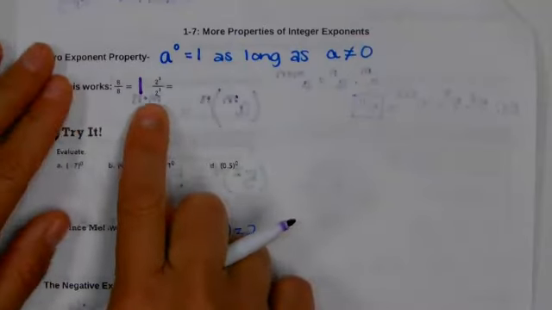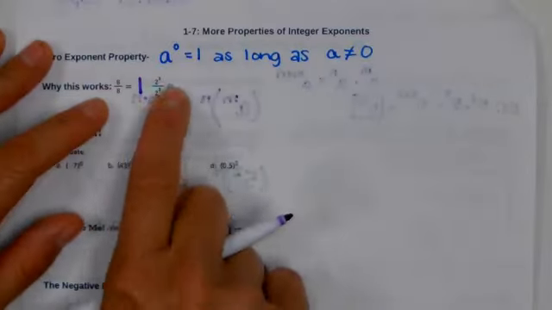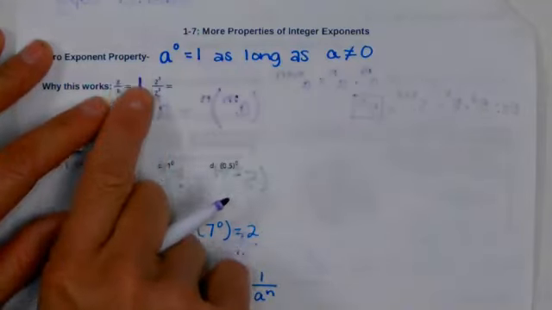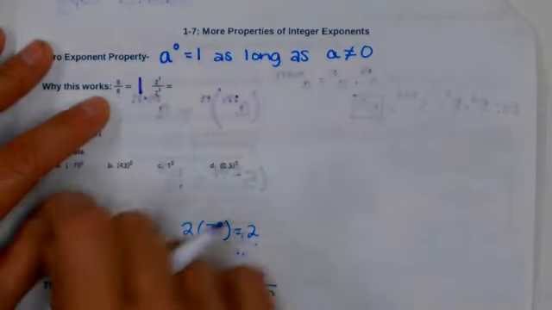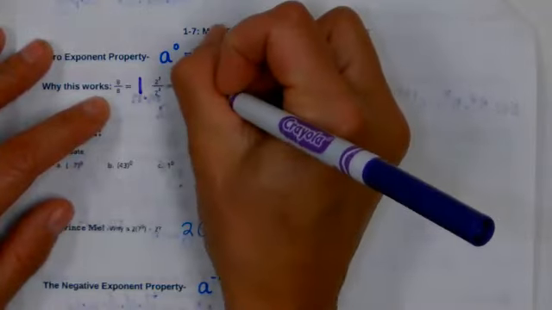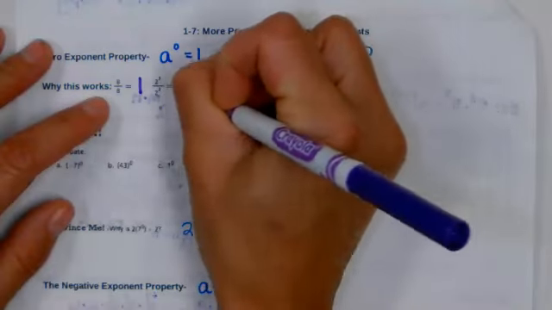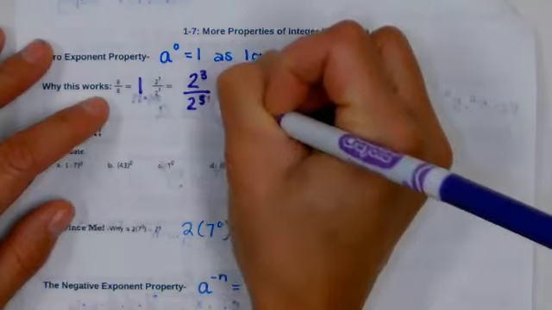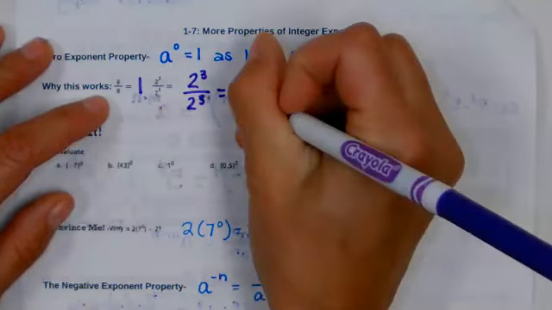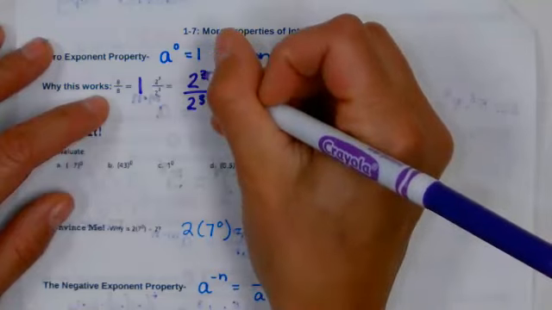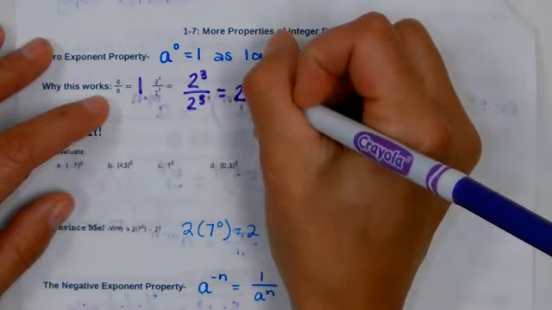What we've learned in the past is that if you have a fraction and you have the same base, like 2 to the third over 2 to the third, and let's write that bigger so you can see, you can keep that same base of 2 and subtract the exponents. 3 minus 3 would give you 0.